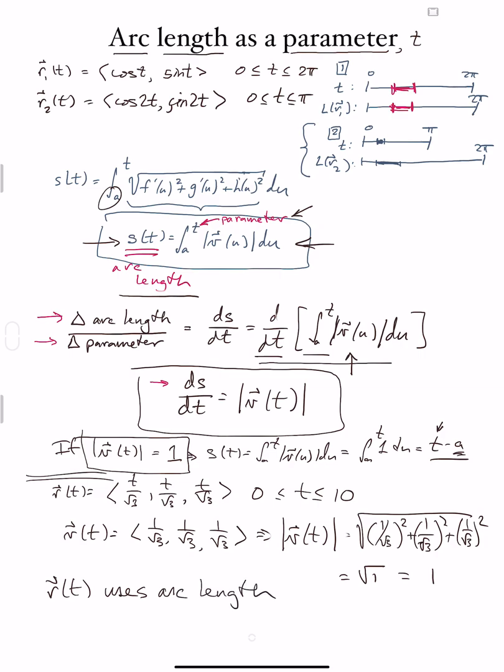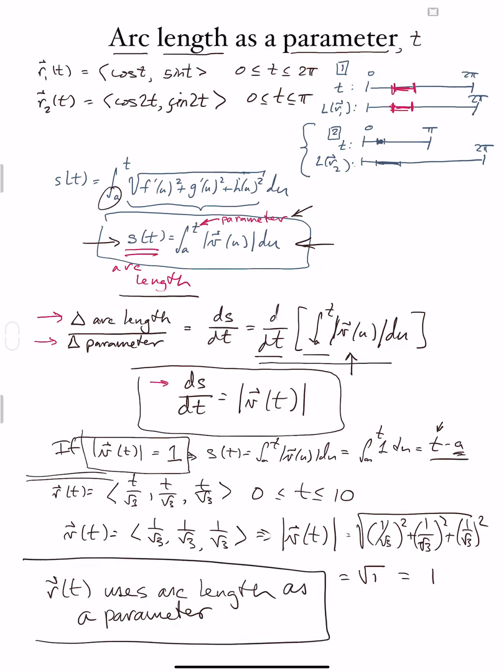In other words, there's no difference between how far it moves in the parameter value and on the arc. That's the important part.